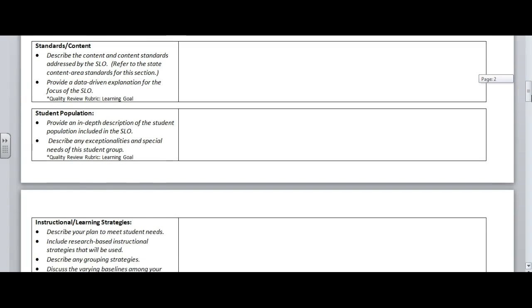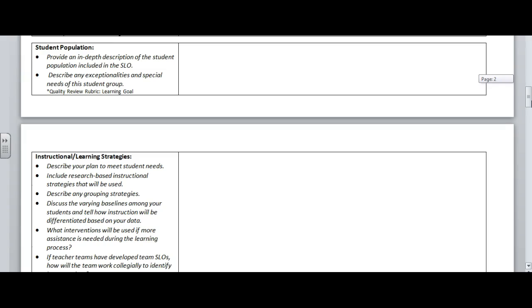And of course, standards, that's self-explanatory. The student population is mainly the same things we would use if you're writing a long range plan. So students who have an IEP, students that have a 504, students who have an ILP, meaning students who speak a second language or are learning English, English language learners, students who are repeaters in your course.